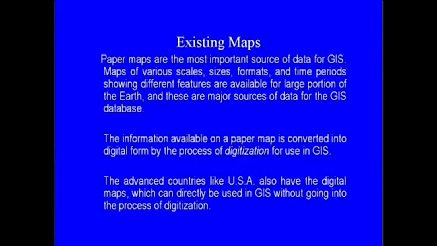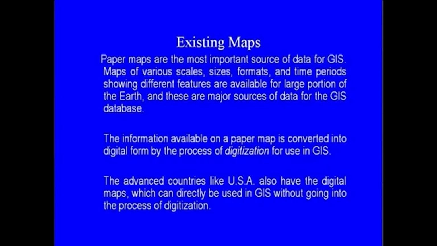The next data source is the existing maps. Paper maps are the most important source of data for GIS. Maps of various scales, sizes, formats and time periods showing different features are available for a large portion of the earth, and these are major sources of data for the GIS database.